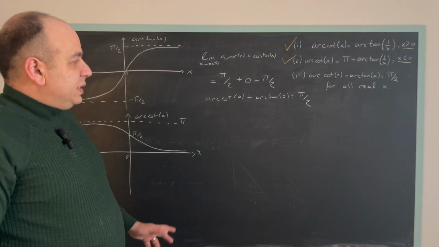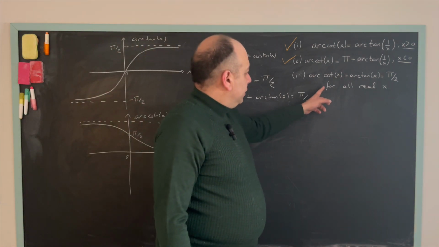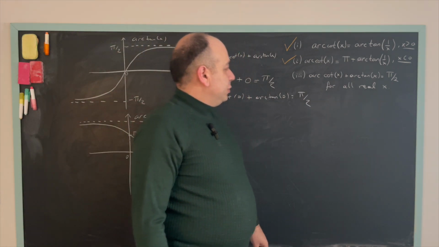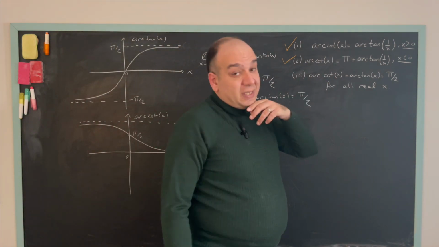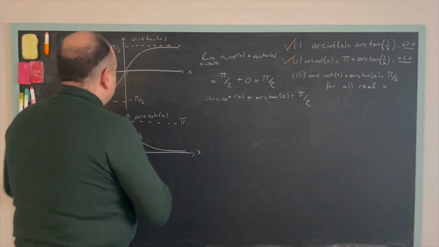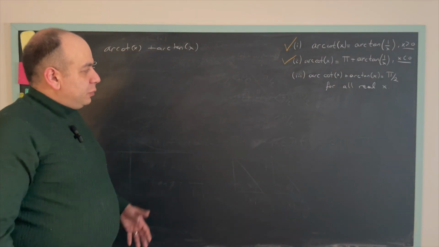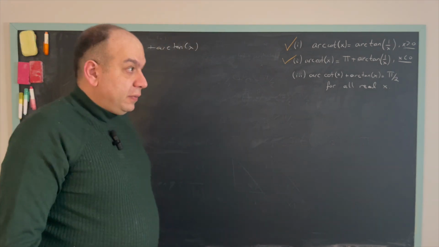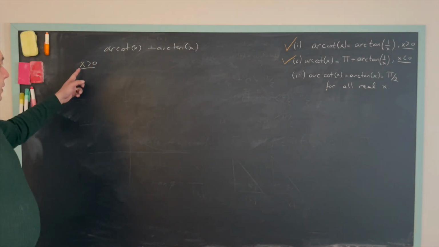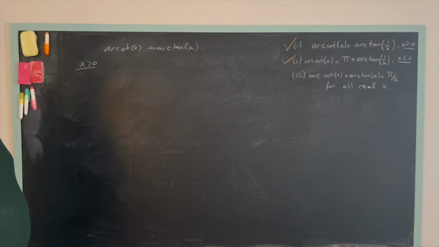So these limits kind of work out well, but now we want to show for all real values of x that arccotangent x plus arctangent x is equal to pi over 2. So let's show that. We already showed some of the limits, and we also looked at the x equal to 0 case. Now we will look at this sum when x is larger than 0.